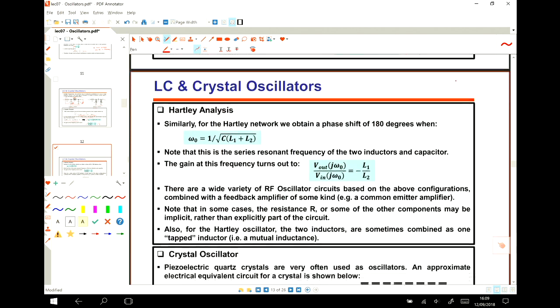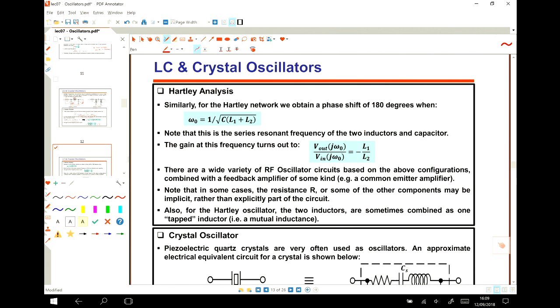The same thing we are doing for the Hartley oscillator.